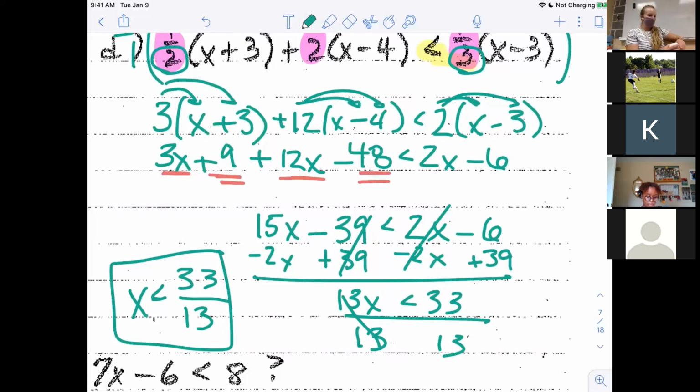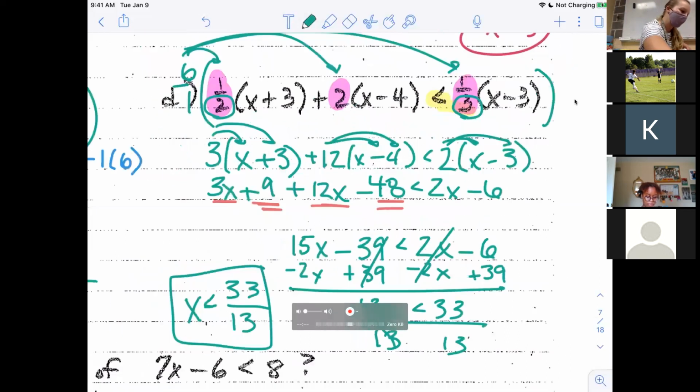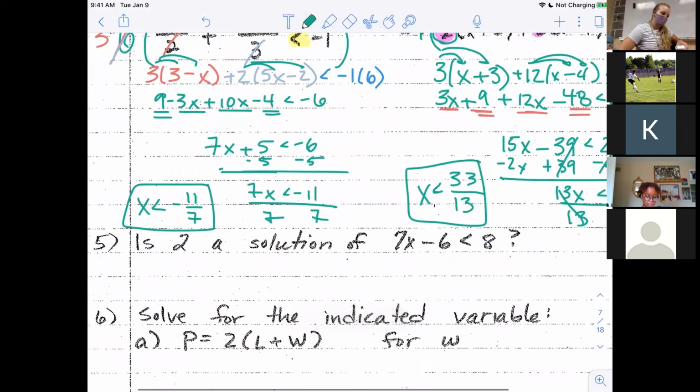All right, try number 5. Is 2 a solution of that? Is 2 a solution?